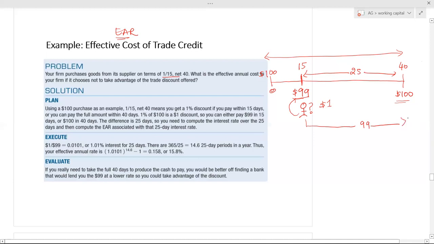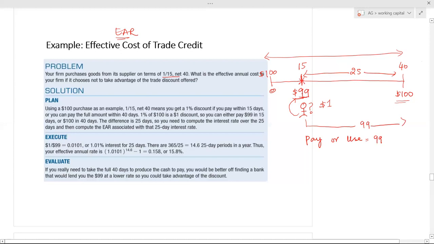This is the decision you need to make: pay, or use 99. You cannot say 100, because this is an offer that is there, so you need to evaluate this offer, not 100. So, pay or use.